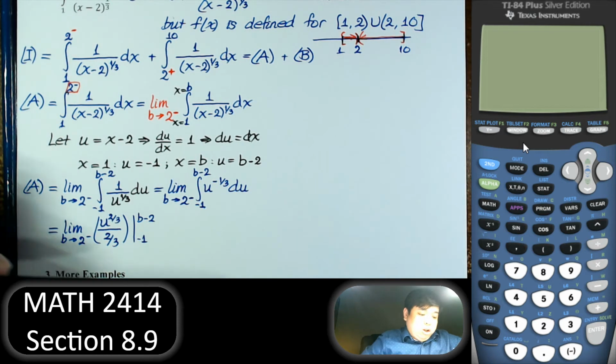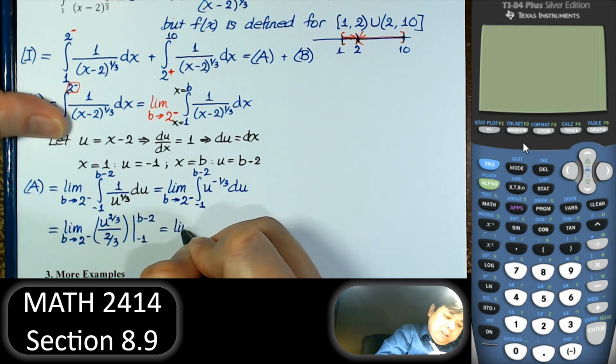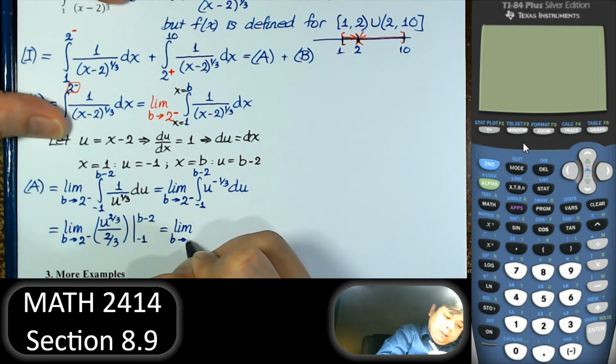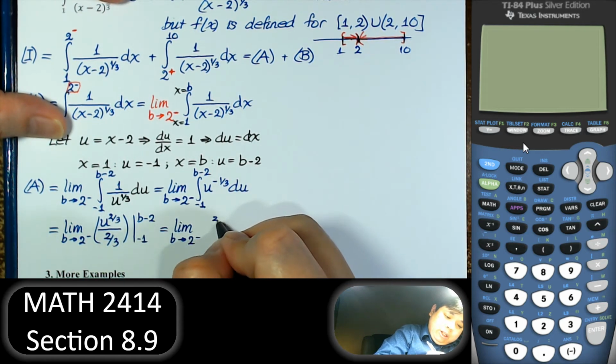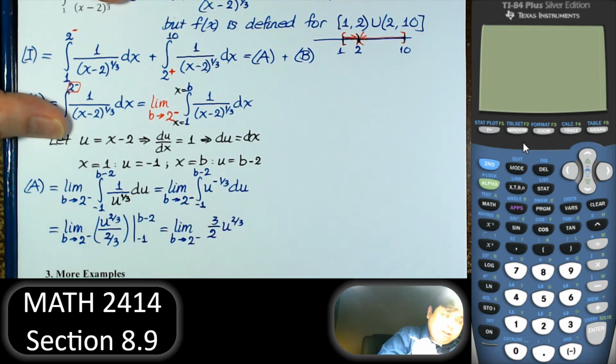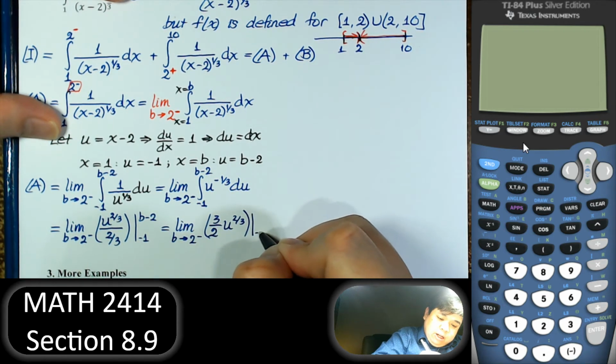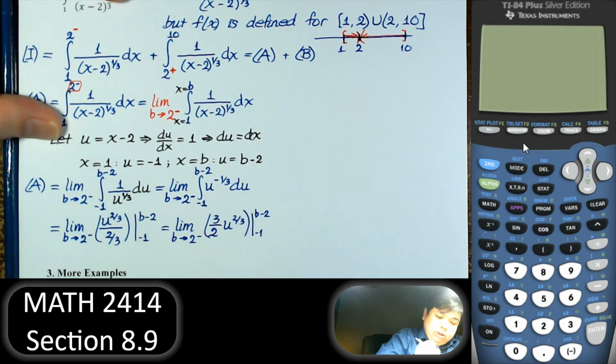Right? Dividing by 2/3 is multiplying by the reciprocal. So that would be 3/2 u to the 2/3, from negative 1 to b minus 2.